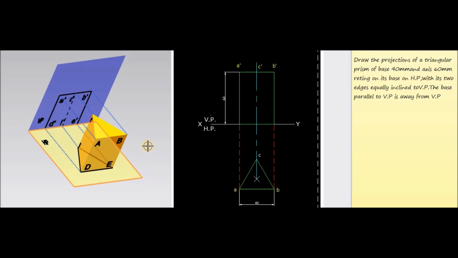Then, as I explained earlier, A dash, B dash, corresponding to these corners, will be the front view of the triangular prism. Now mark these corners A dash, B dash, and the points corresponding to the bottom corners here. Then join all these corners, and this represents the front view of the triangular prism.